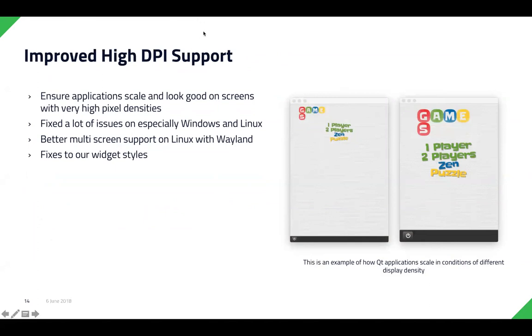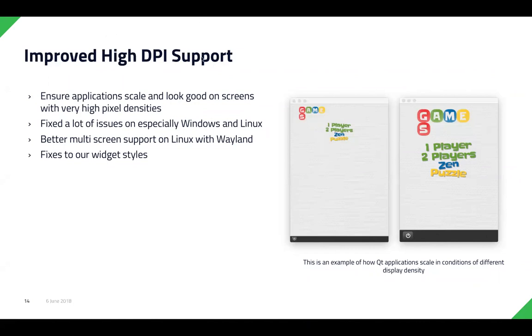So we've also done a lot of work on improving high DPI support. That has been an ongoing task for several Qt releases. It all started when Apple introduced support for Retina screens. And we've had pretty decent support on the Mac for many years. But now Microsoft has been introducing more and more of that, and we have had some glitches in our high DPI support for the Windows platform and for Linux.